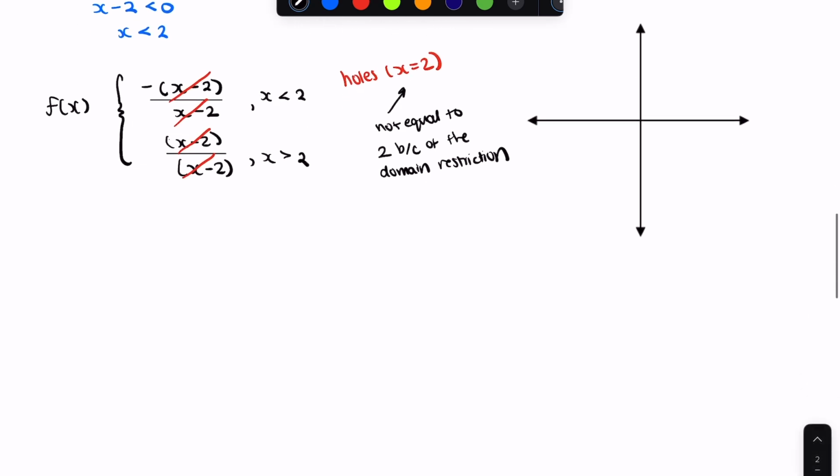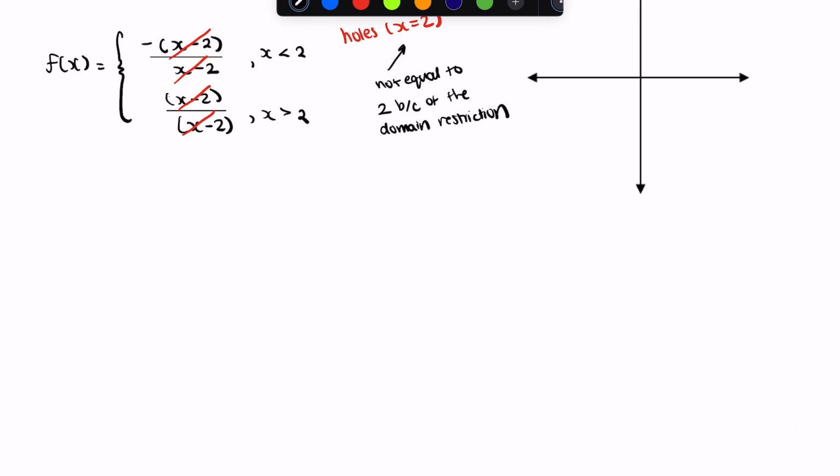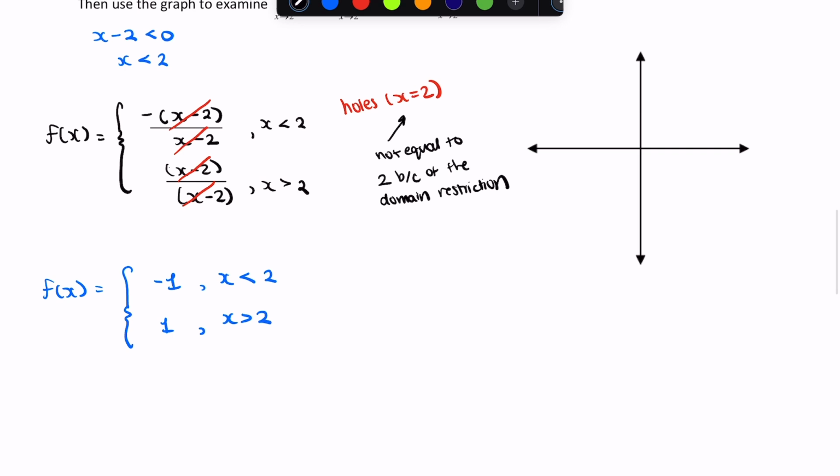So now we can rewrite this as f of x is equal to -1 when x is less than 2, and +1 when x is greater than 2. So let's draw this on this graph. We have 1 and 2, and here we have -1 and +1. So just label these.